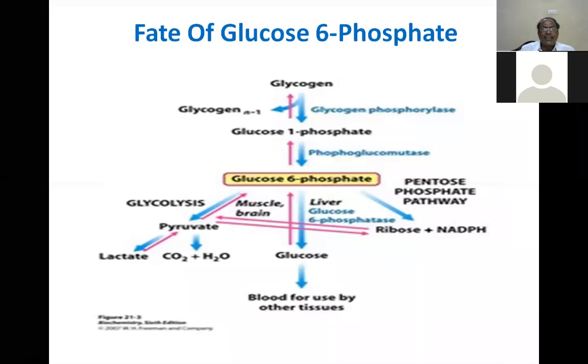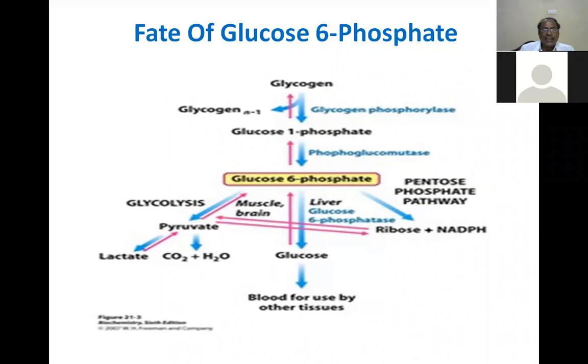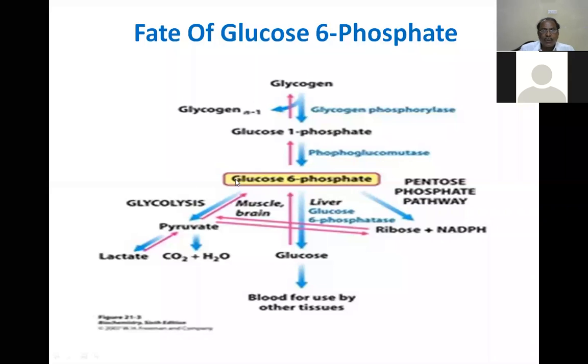Here, from the glucose, various pathways are there. Actually, glucose 6-phosphate is produced. So the central pivotal point, the central main junction, is glucose 6-phosphate. From glucose 6-phosphate, one can produce the storage form of glucose, that is glycogen. This is one side.